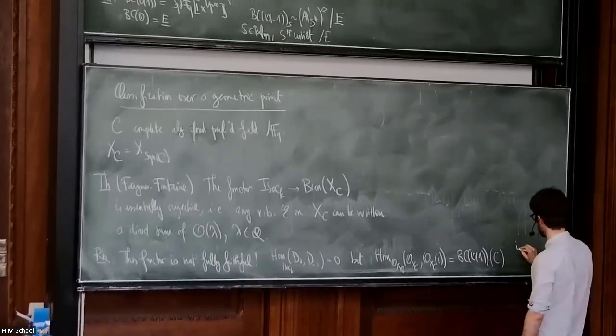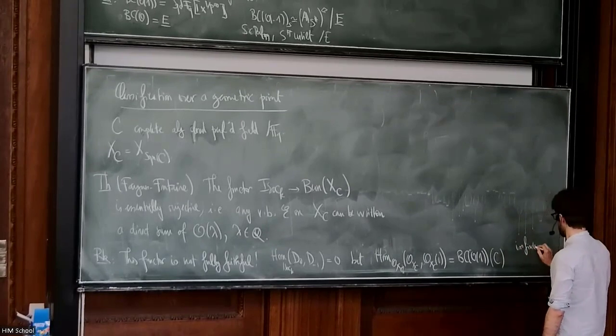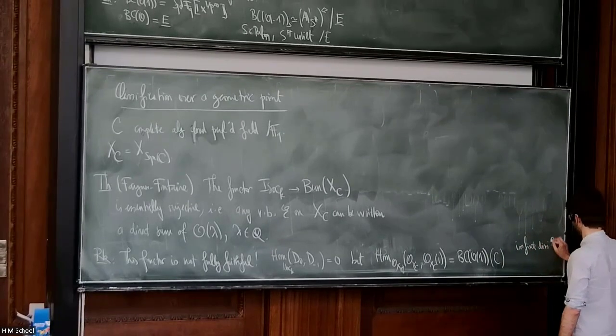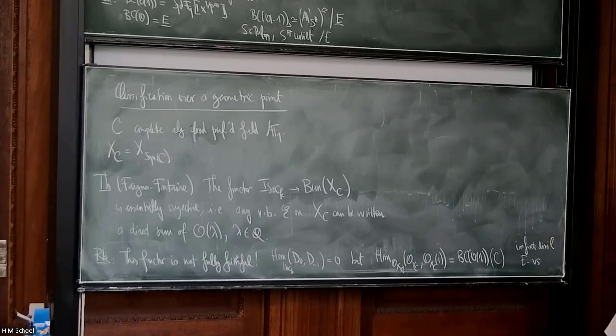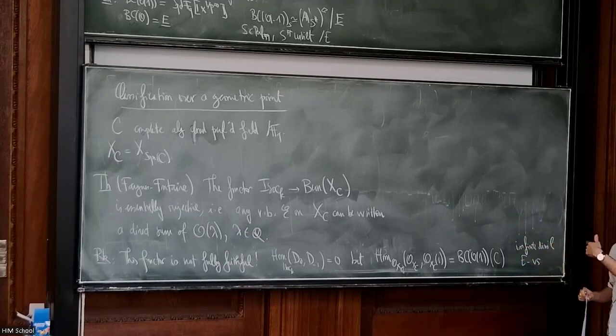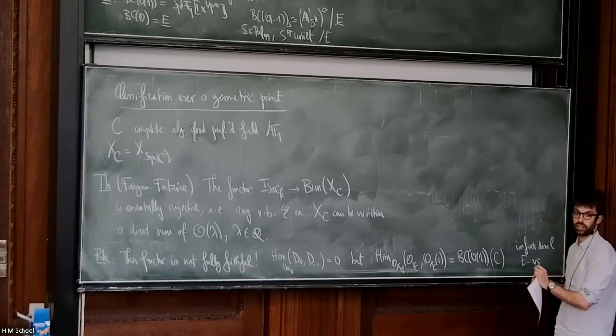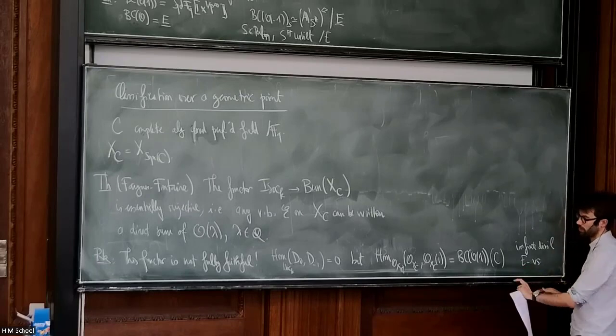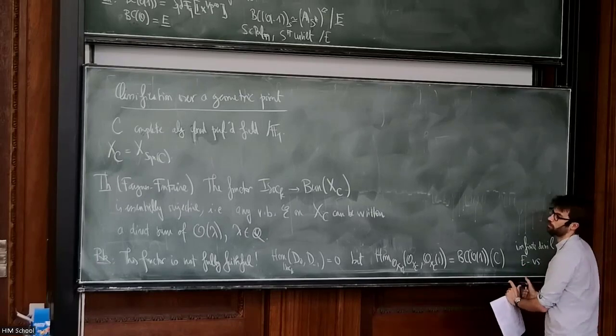This is an infinite dimensional E-vector space. So this is a space, the eigenspace for the eigenvalue π of Frobenius on the space of all rigid analytic functions on Y. And so this is very big.